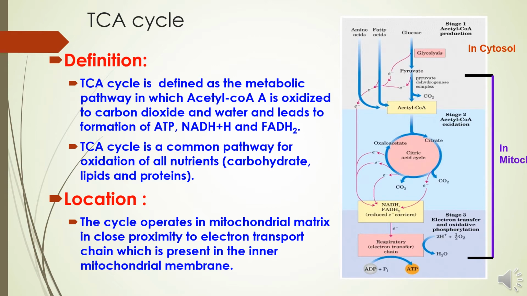Reduced coenzymes are produced during the reactions of this cycle in the form of reduced NAD and reduced FAD, and they are targeted to the electron transport chain to deliver their cargo of hydrogen so that it can be oxidized by molecular oxygen.